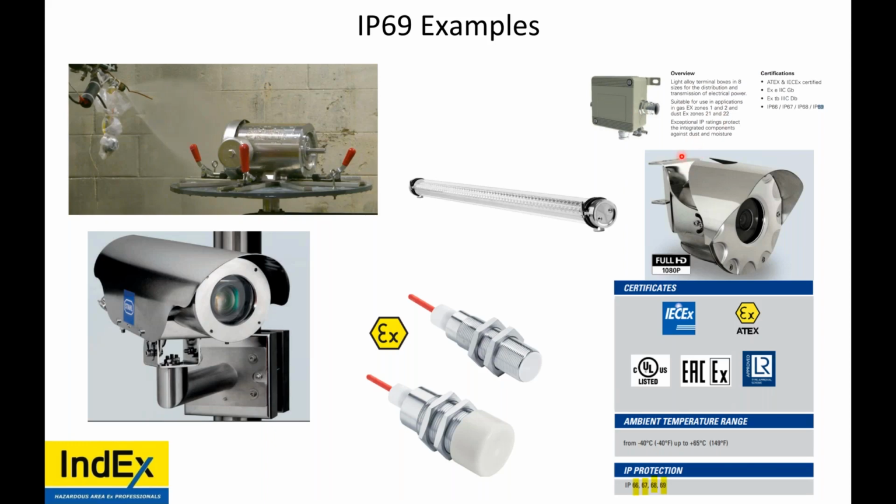Now, pay attention to the Stahl piece of equipment here. It's rated IP66, 67, 68, and 69. It could have actually been rated 66, 68, 69, and it would have taken care of all considerations. But they went further and did further testing.